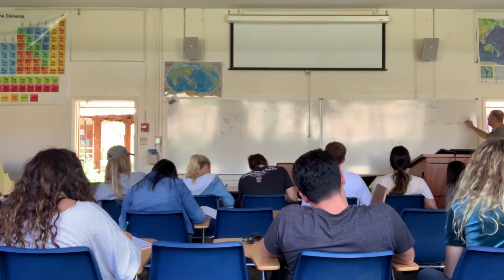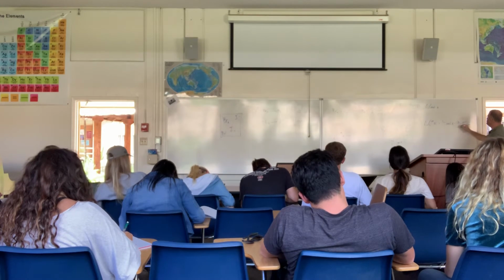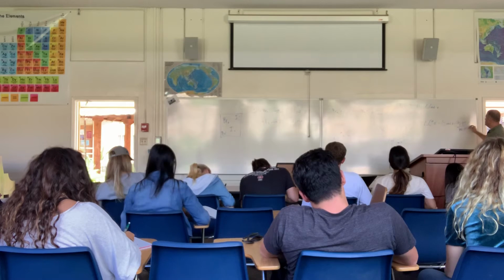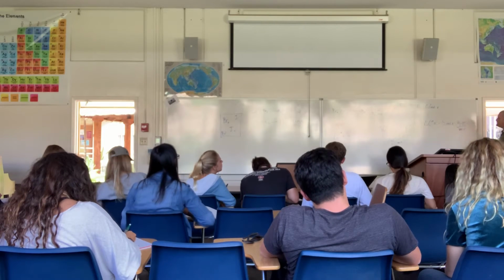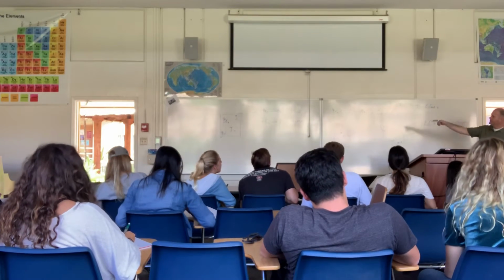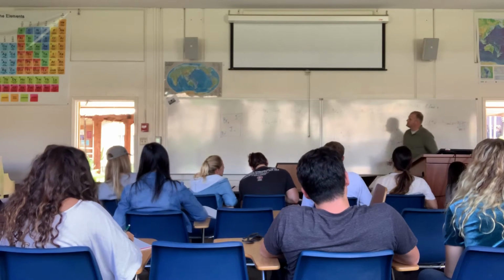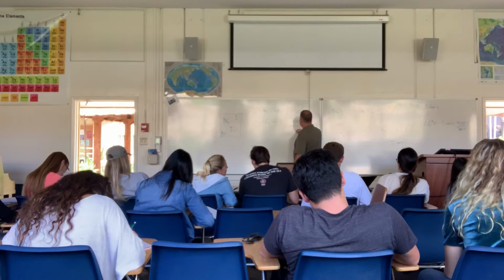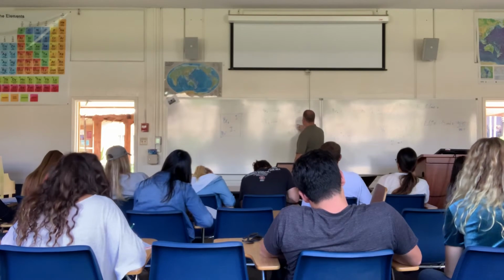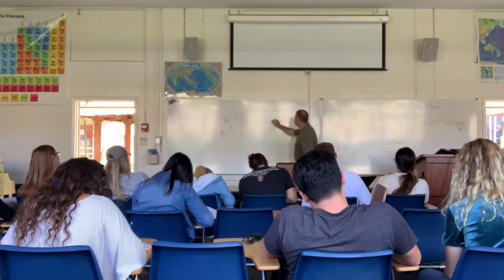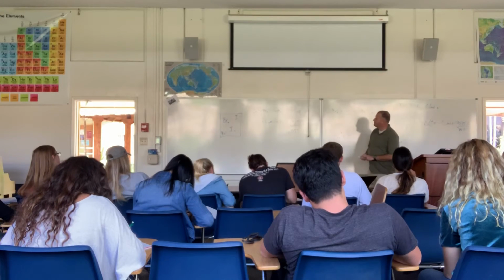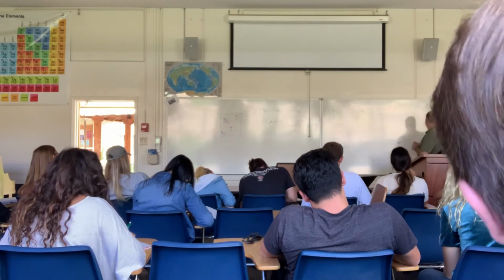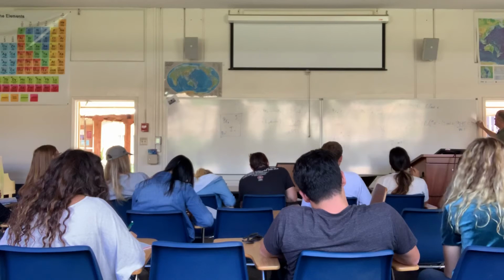Faraday is 96,485 coulombs per mole of electrons. And the standard potential is what? 0.53? That sounds right, because this one we make negative since it's going to go the other way. Yeah, 0.53. So that's what we put in here, 0.53.